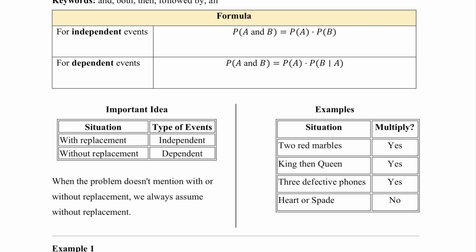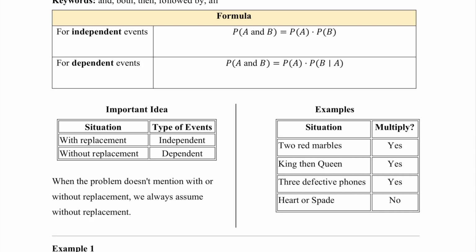That idea is replacement. In many probability problems involving selecting objects from a group, such as marbles, cards, cookies, and other items, after an object is selected, it can either be replaced or not replaced. This decision affects the probability calculations.